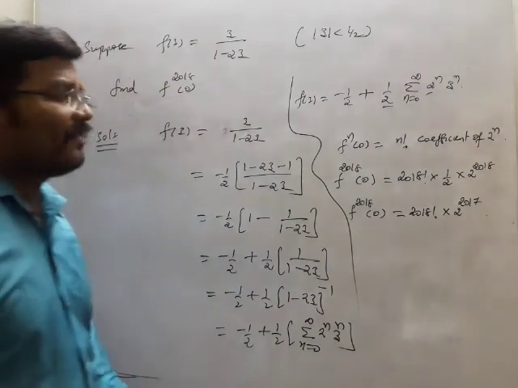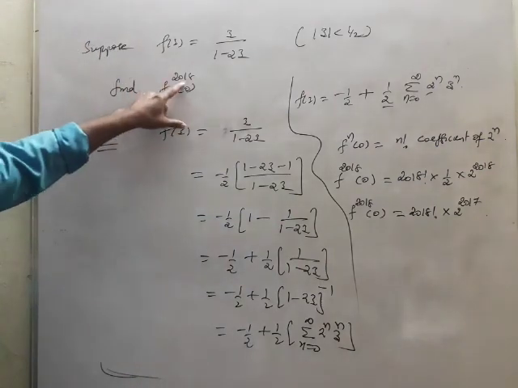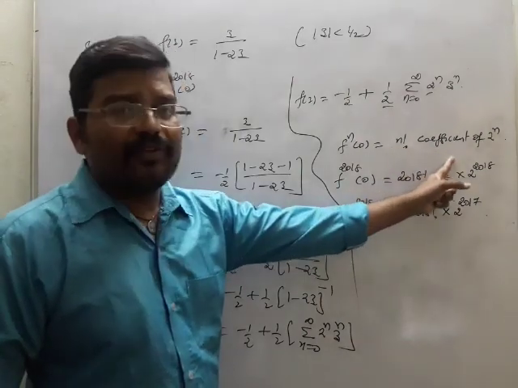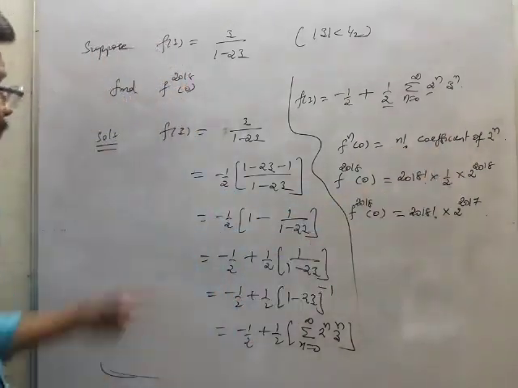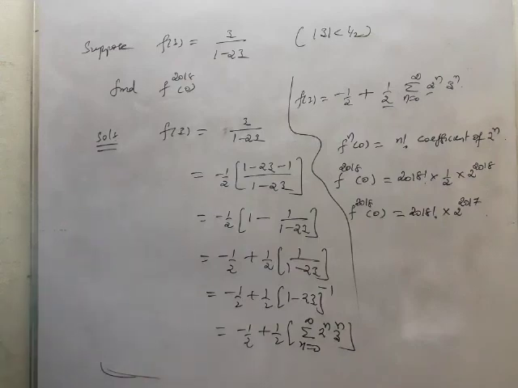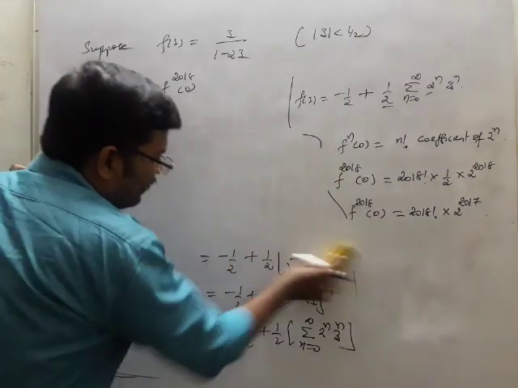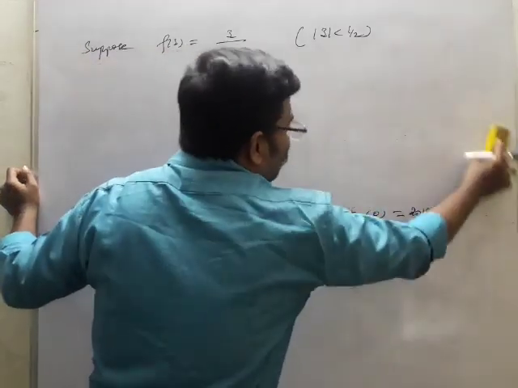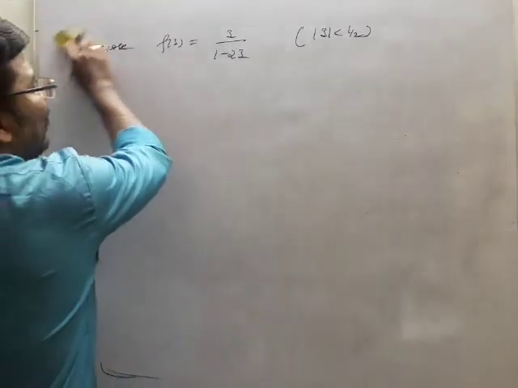Now this is the actual value of f power 2018 of 0, using the formula n factorial into coefficient of z power n. This is how we can do the problem. This is another method, by using the formula. We can also expand, but this is another important problem.